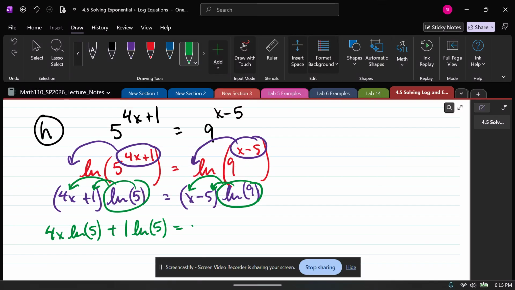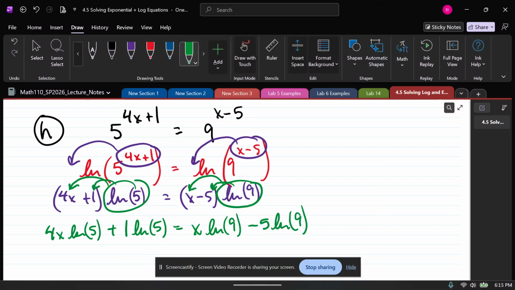This other side is going to be x natural log of 9 minus 5 natural log of 9. So distribute your natural logs.